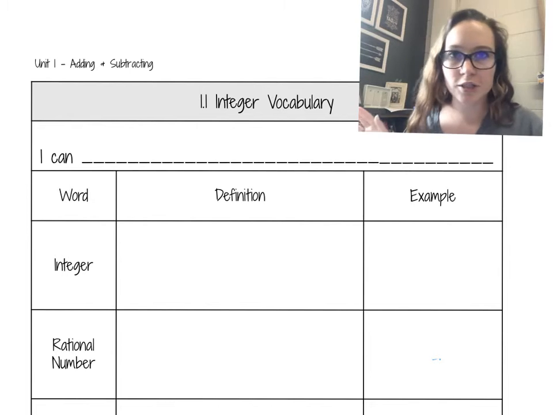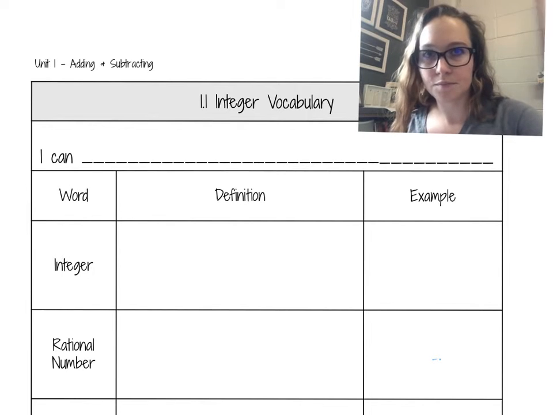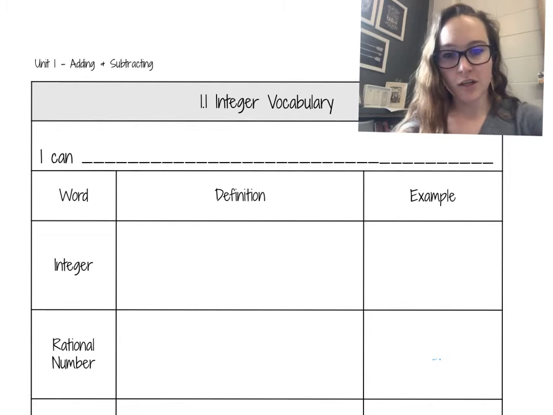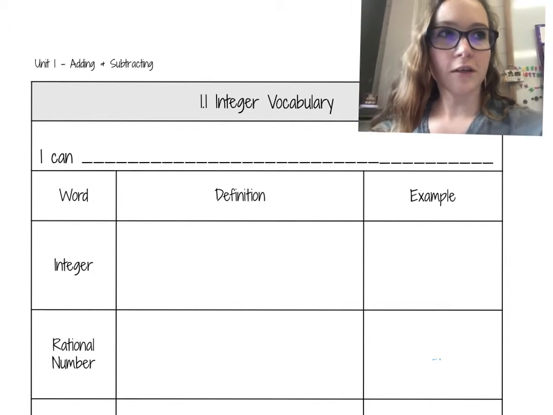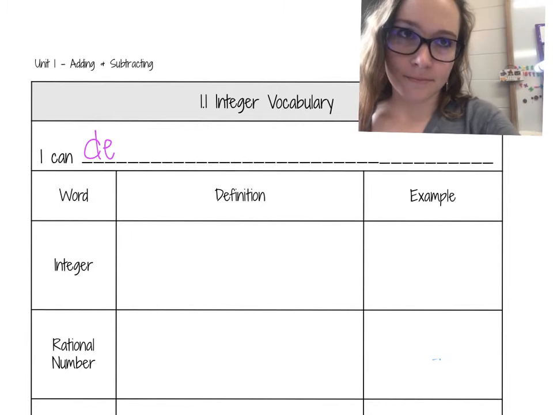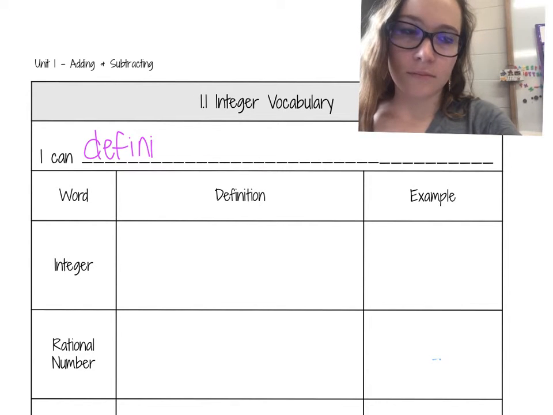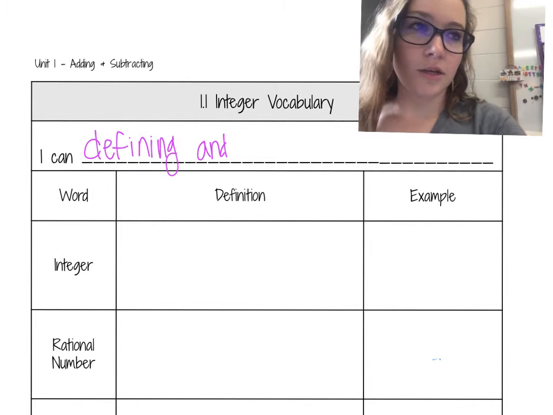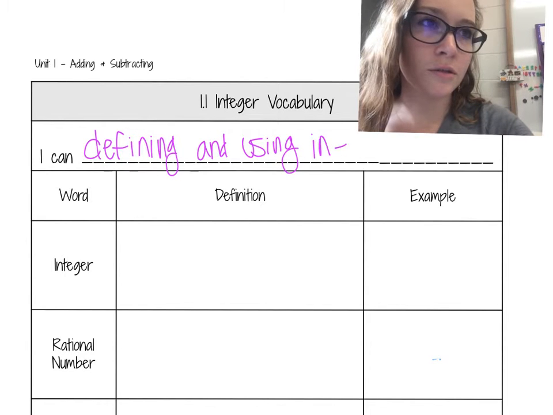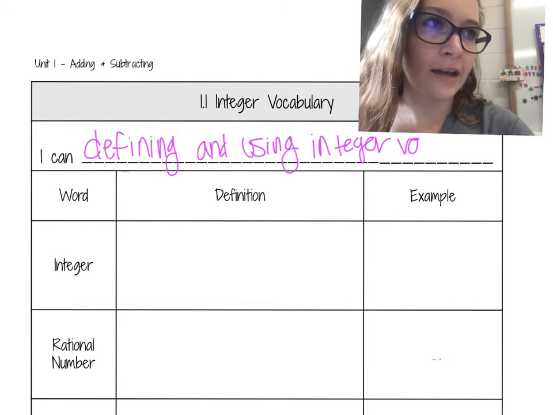So as always, we're going to start with an I can statement. By the end of this video and these notes, you should feel comfortable with defining and using integer vocab.